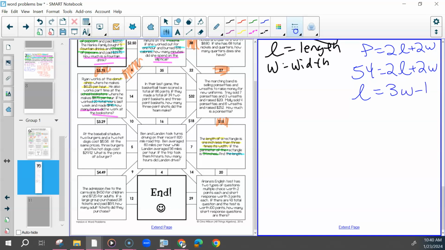That 1 less than would go at the end, and then 3 times its width. So 3W minus 1. As I mentioned earlier, we can see this is solved for L, so this is a really good substitution problem, which is what we were doing back when.